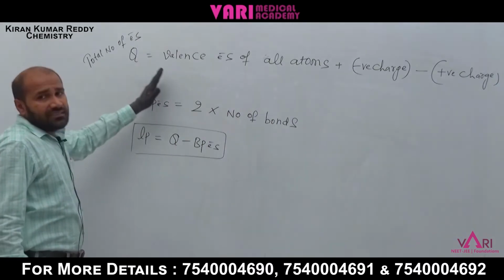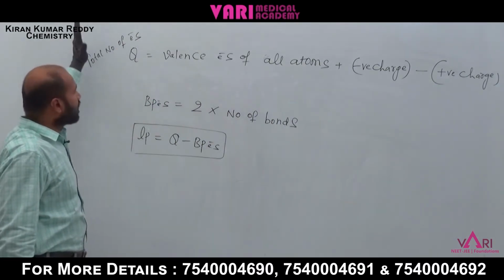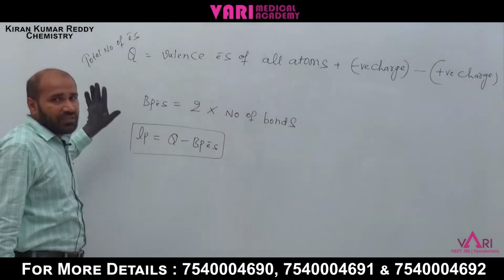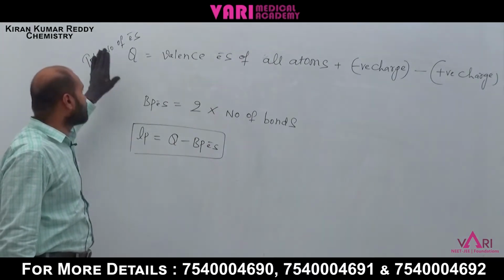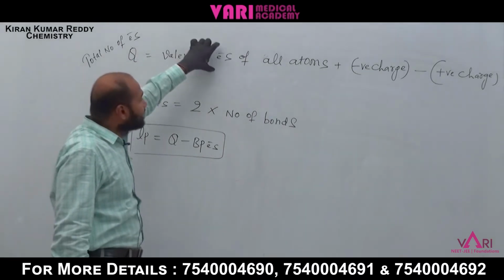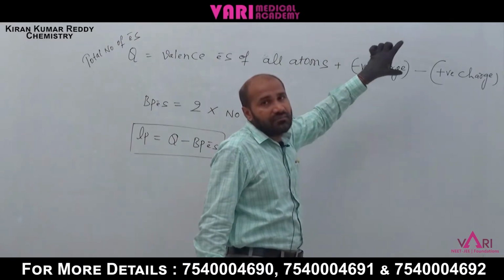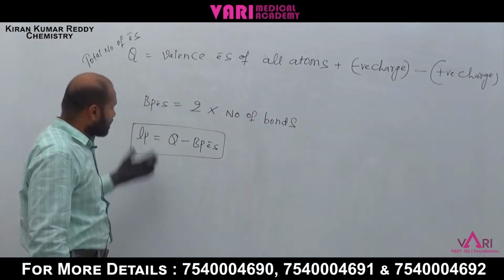Now Q means valence electrons of all atoms or total number of electrons. Please remember these three formulas are very important. What is the first formula? Q, the total number of electrons, is equal to valence electrons of all atoms plus negative charge minus positive charge. These are important.